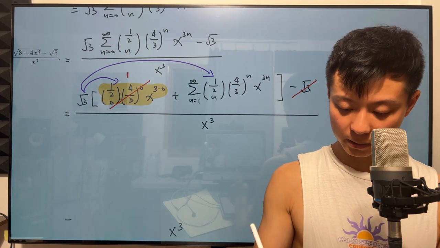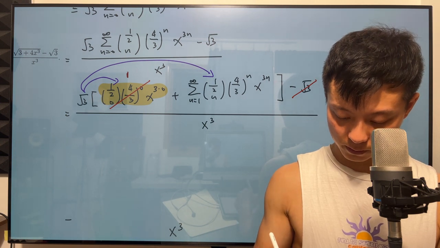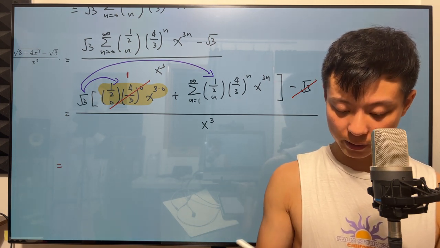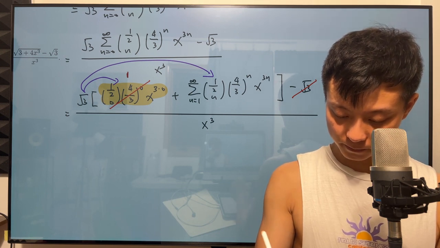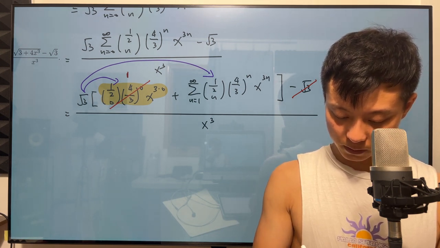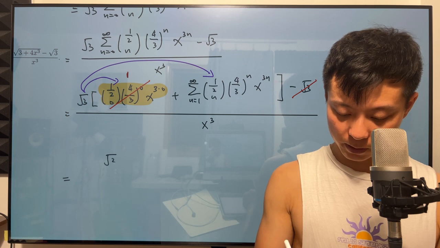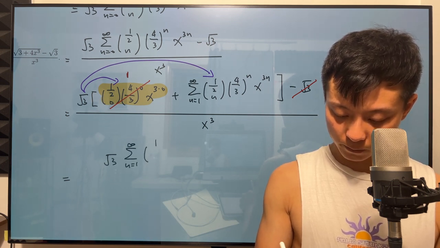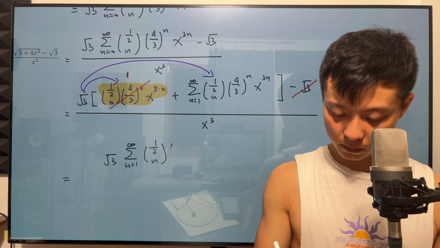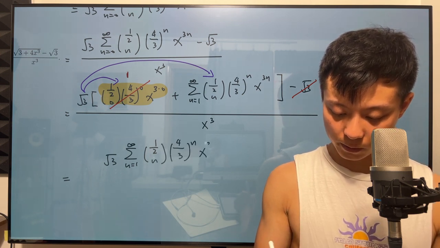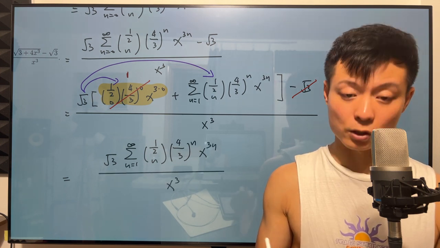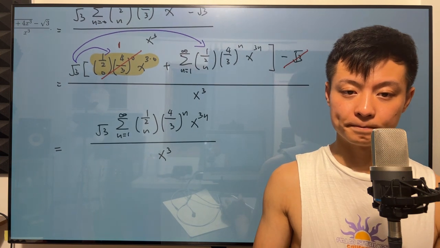And then we're going to be left with the summation only, which is square root of 3 times the summation of (1/2 choose n) (4/3)^n x raised to the power 3n, divided by x cubed. Okay?